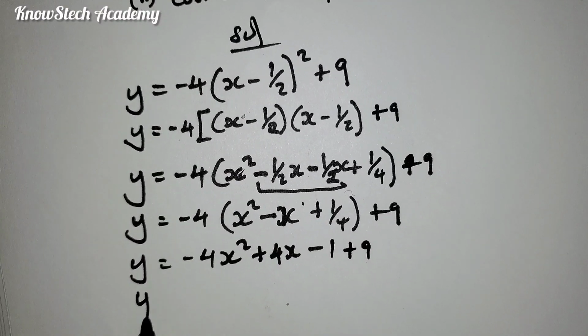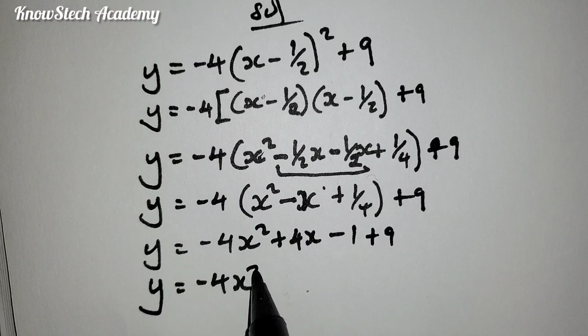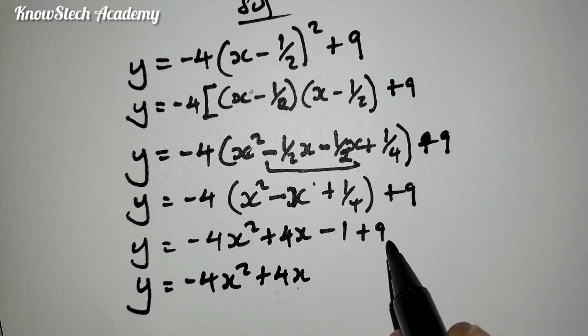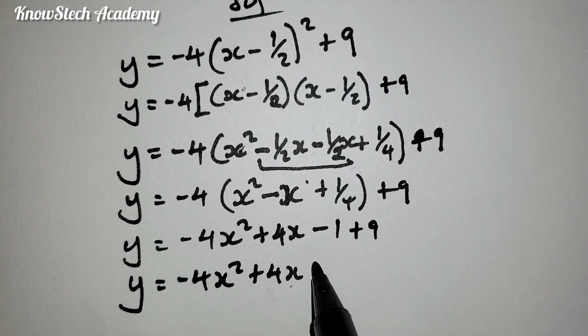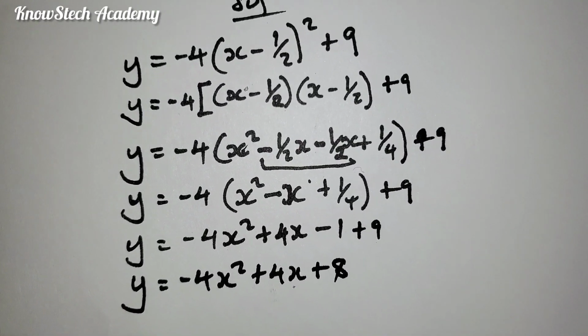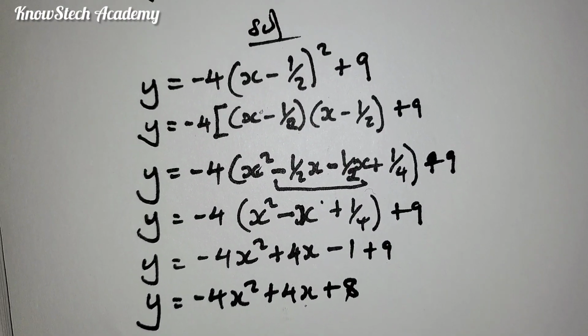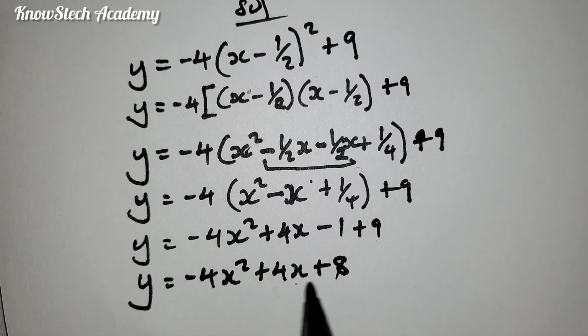All right, then y equals -4x squared plus 4x. We can calculate these two because they're like terms. -1 plus 9 will be +8. Now when you look at this, we have a number which can go through these.